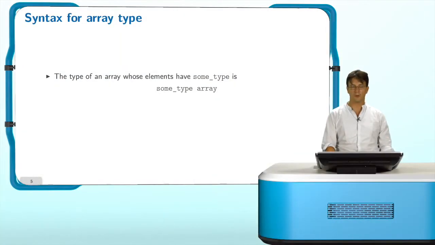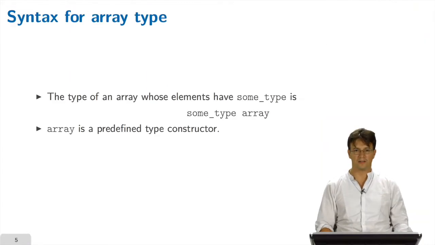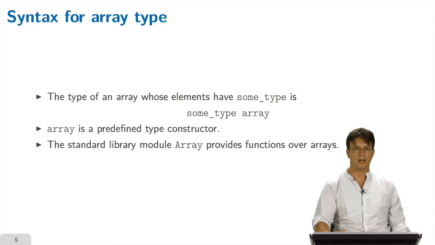So to sum up what we have just seen, there is a type for arrays whose elements have some type, and it is written "some type array". Array is predefined in OCaml, and there exists a module in the standard library that will provide you several functions over arrays.